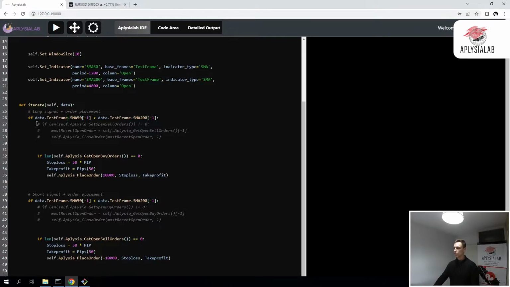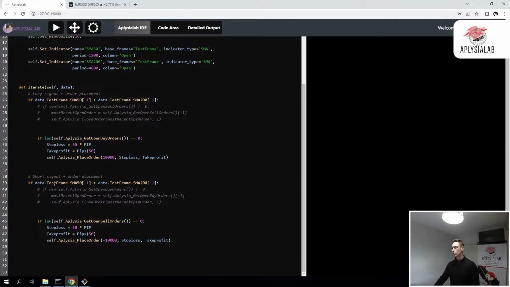So these are the conditions. If the 50 SMA crosses above the 200 SMA, and if there are no buy orders open, then we open a buy order, take profit 50 pips, and stop loss 50 pips. So even stop loss and take profit. And I've commented out some code here that will be for the second phase of the backtest. And again, vice versa for the sells.